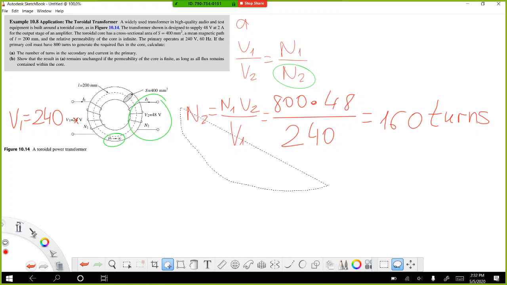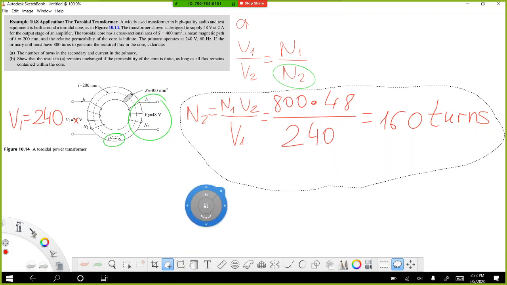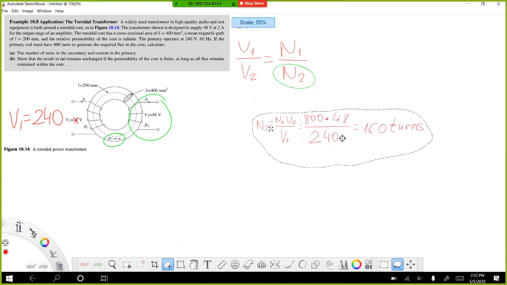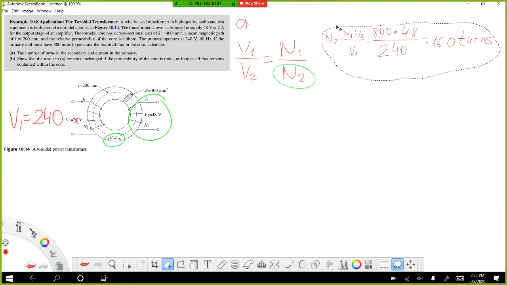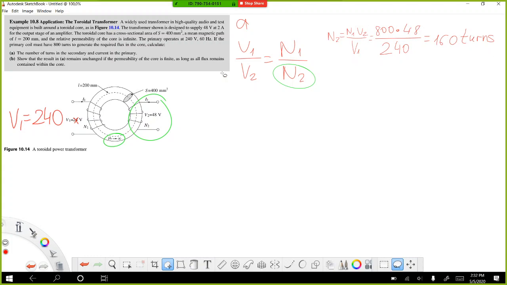If we switch to the next part of our question, the second part of question A says we found the number of turns, and now we also have to find the current in the primary coil.